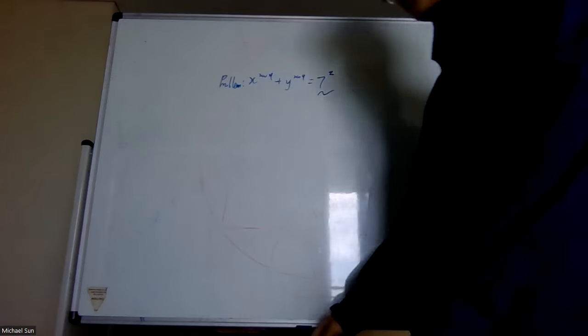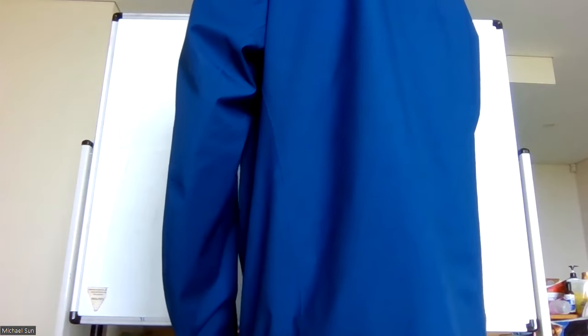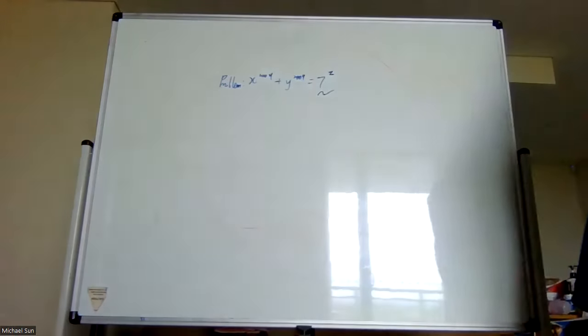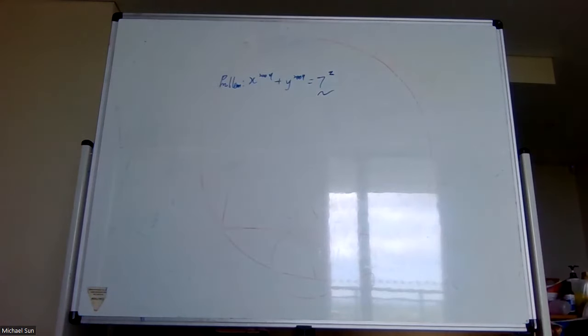Can people see the button? Then you want to do the divisible by 7?